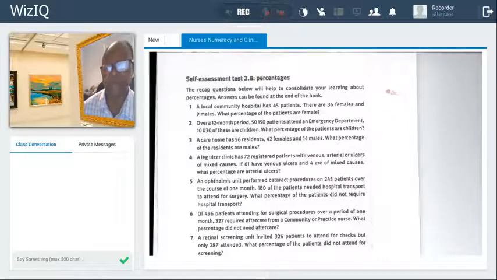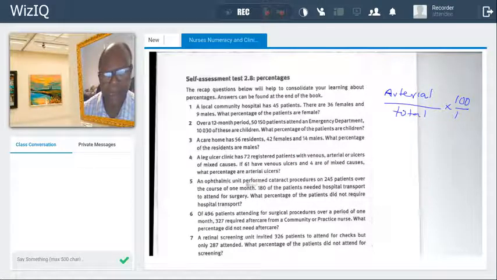So we need arterial ulcers divided by total, times 100 over 1. So we know the total is 72, so that's not a problem.